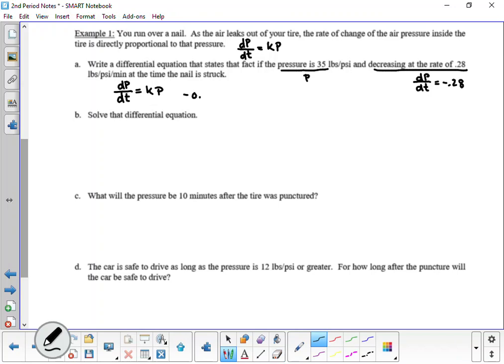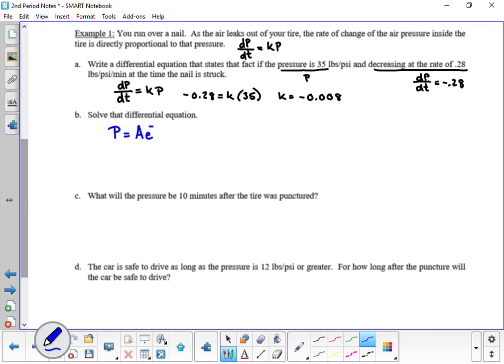So negative 0.28 equals k times 35. So k equals negative 0.008. Okay, solve the differential equation. Well, we already know that differential equation solves to P equals A e to the kt.